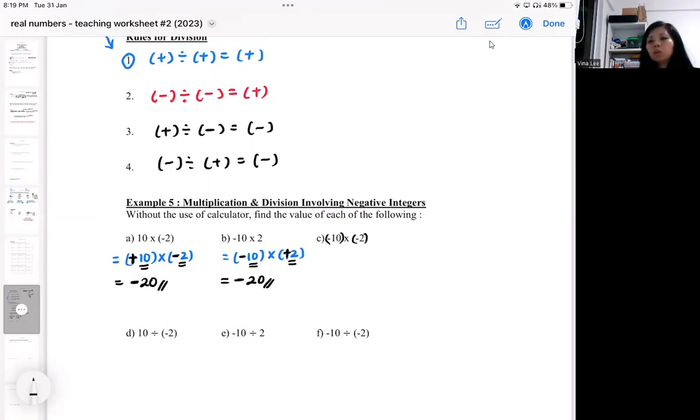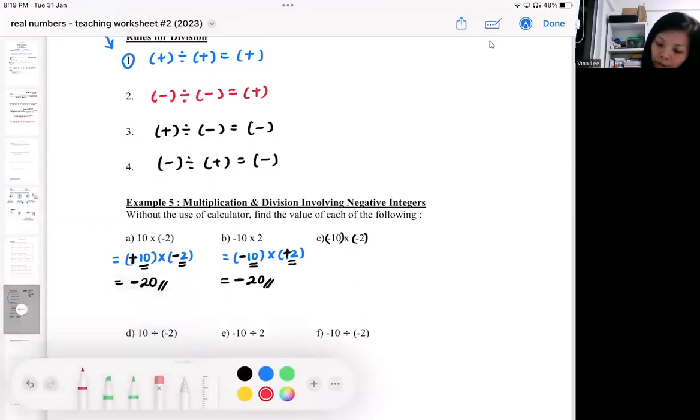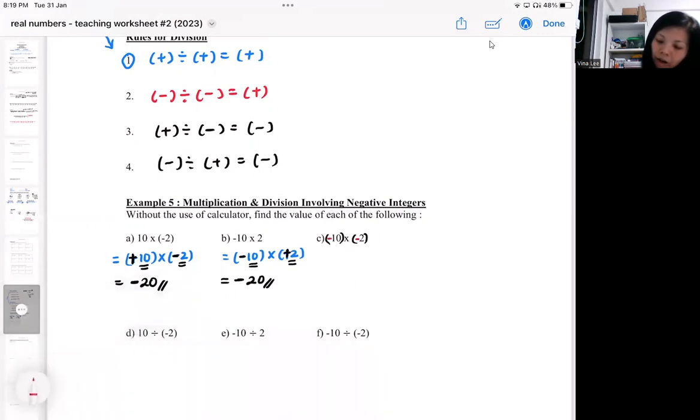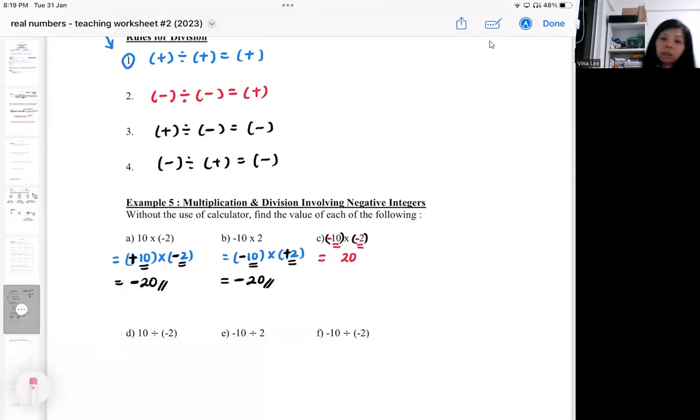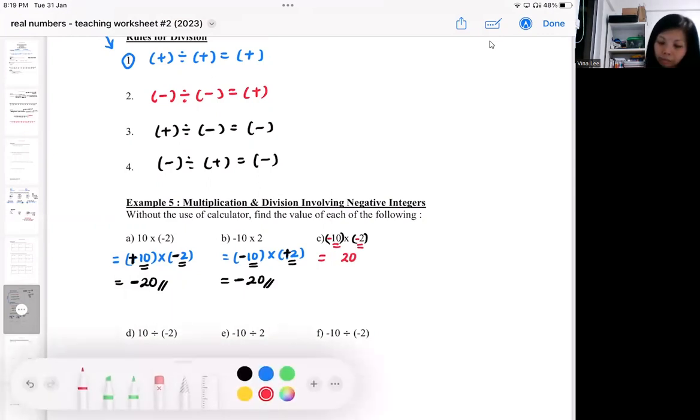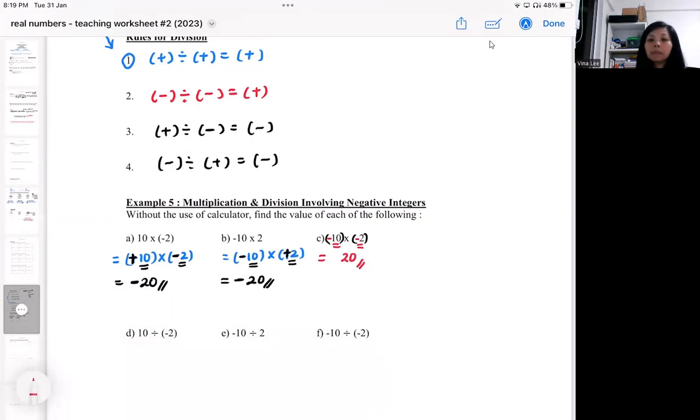These are the two negative guys meeting up. When they meet up, they become positive. 10 times 2 is still a 20. So when you present the answer, you just present it as 20. Then you just multiply the numbers.